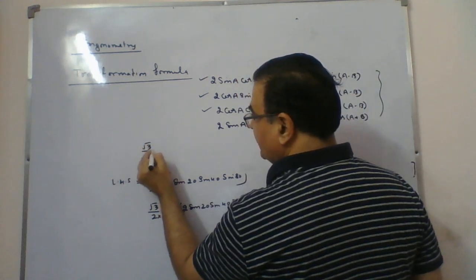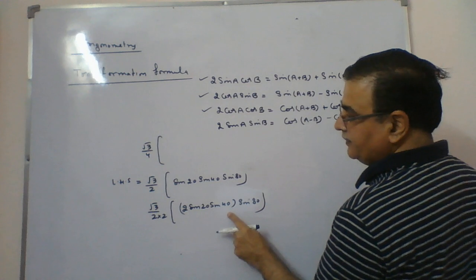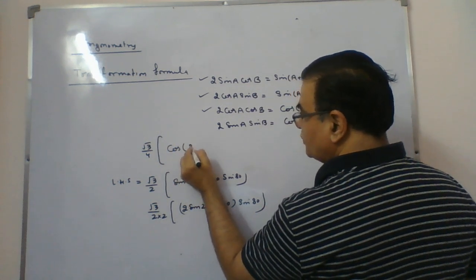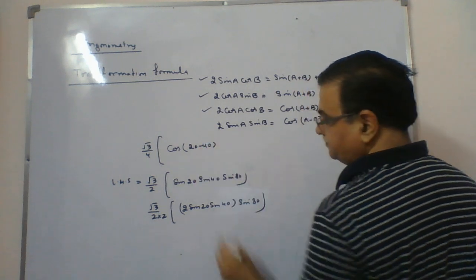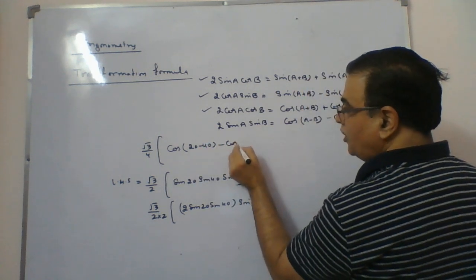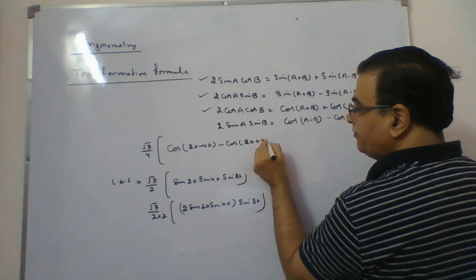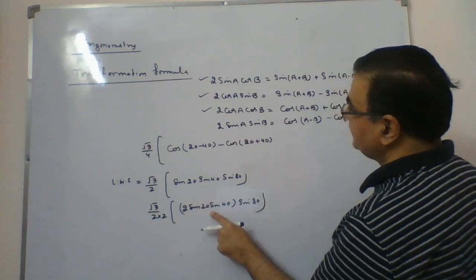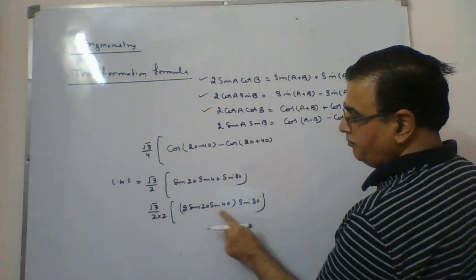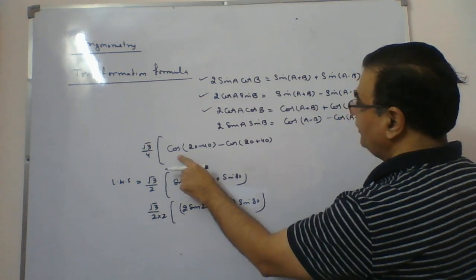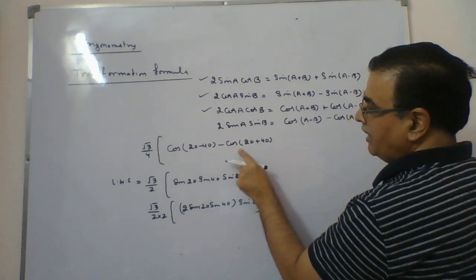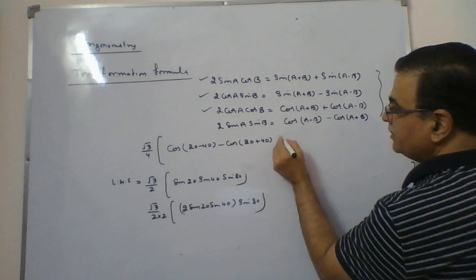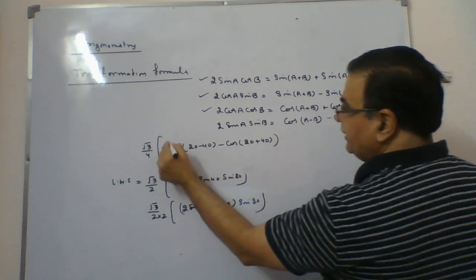This is root 3 by 4. 2 sine A sine B formula says cos of A minus B minus cos of A plus B. A will be 20, B will be 40. So cos 20 minus 40 minus cos 20 plus 40, and then sine of 80.